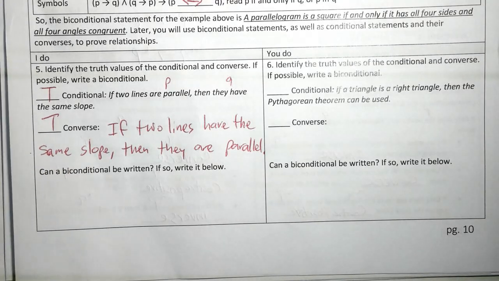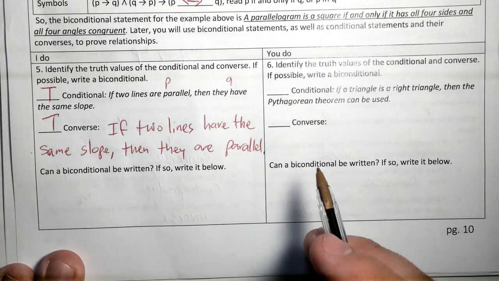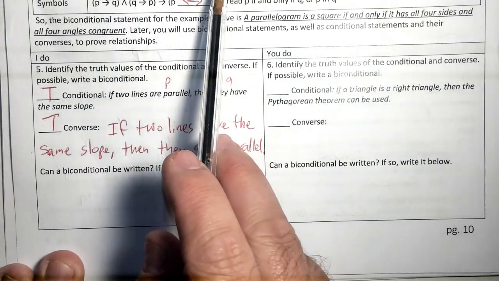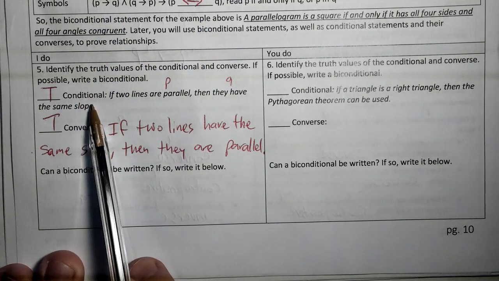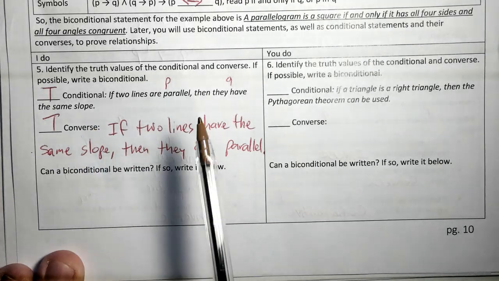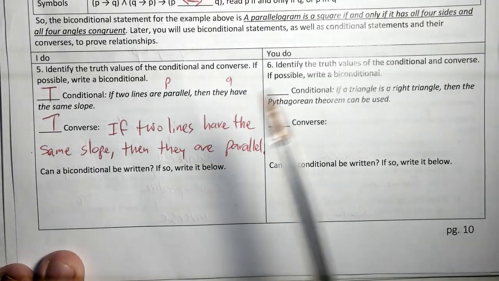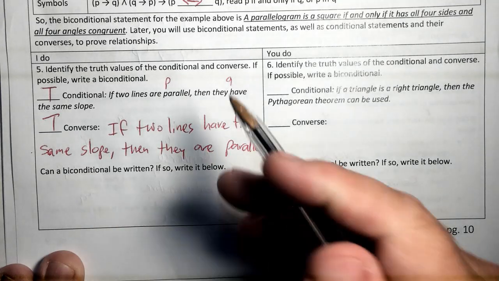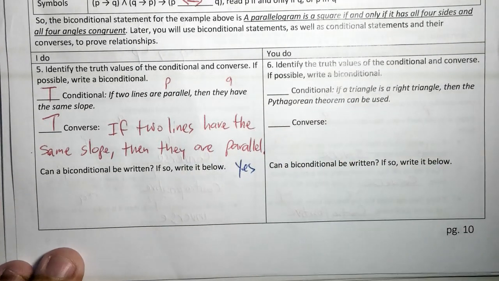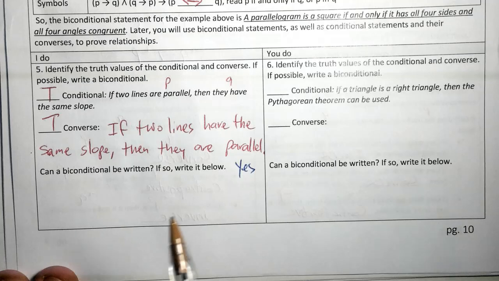And so right here it says, can a biconditional be written? Up here it says we can if the conjunction of a conditional and its converse are both true. I'm pointing like you guys can see above the screen, excuse me. It can be written, so the answer is yes. And let's write the biconditional.